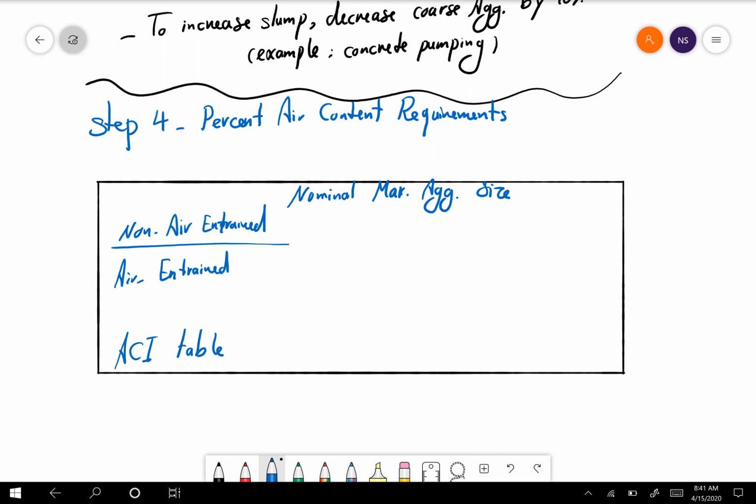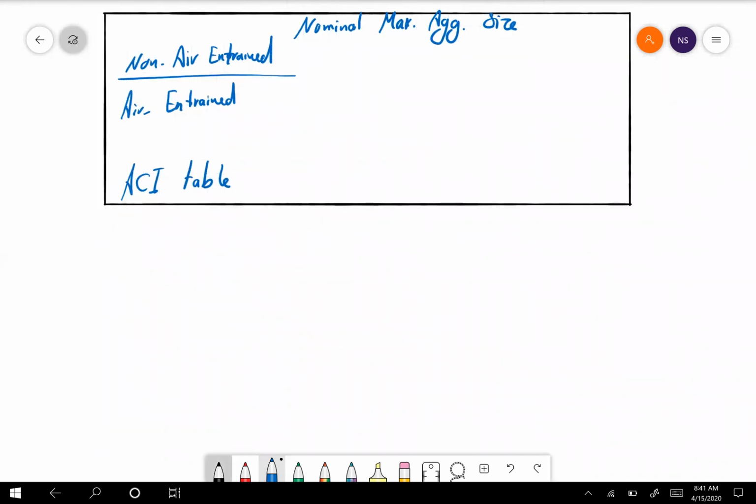Then you will have different air content requirements, and I'm going to post this table over here as well. So again, these are not things that we need to remember. We just need to know how to use these tables to follow the mix design process.